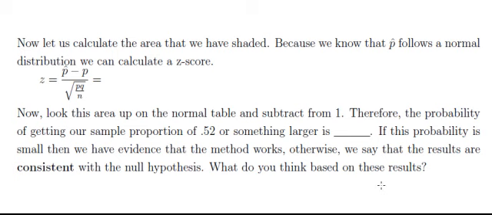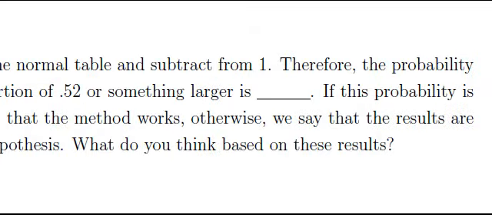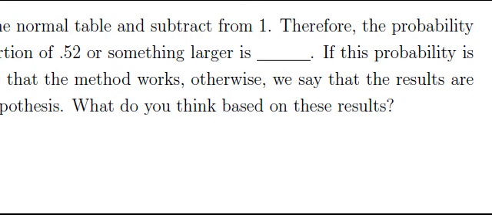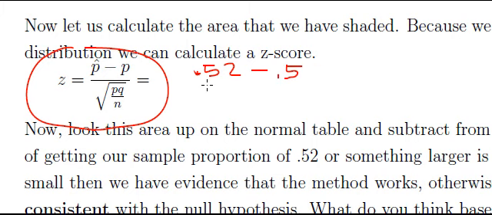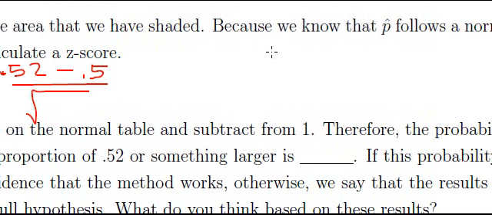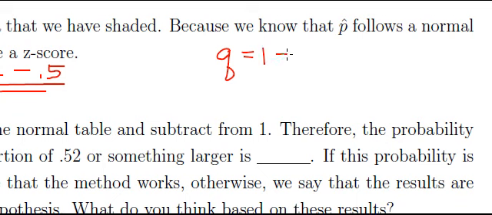Okay, so now we might want to calculate a test statistic. And the formula to calculate a test statistic is this: z = (p hat minus p) divided by the square root of (p times q over n). And we know that this test statistic follows a normal distribution. And so I can take 0.52, that was my p hat, minus the value in my null, which is 0.5, divided by the square root of 0.5 times q, and remember, q is just 1 minus p, so that's 0.5.